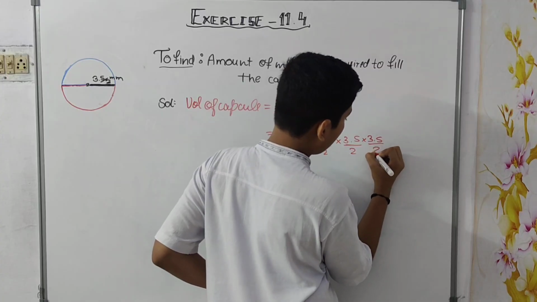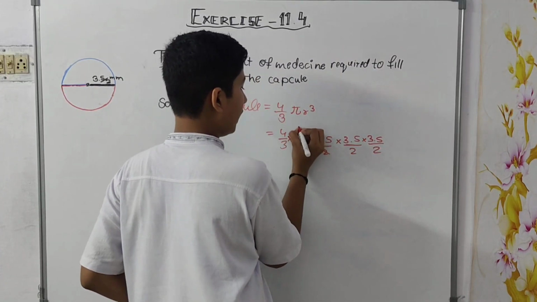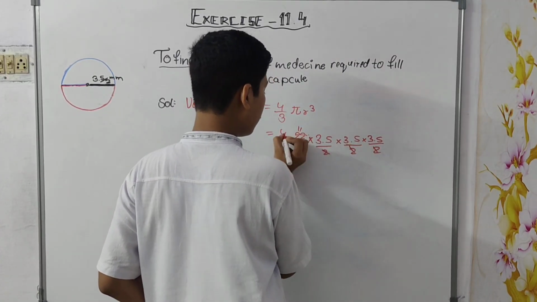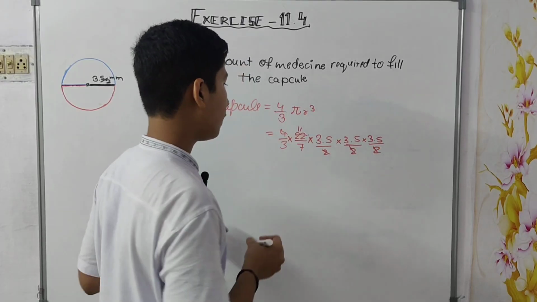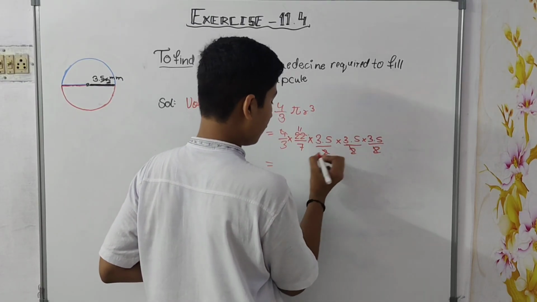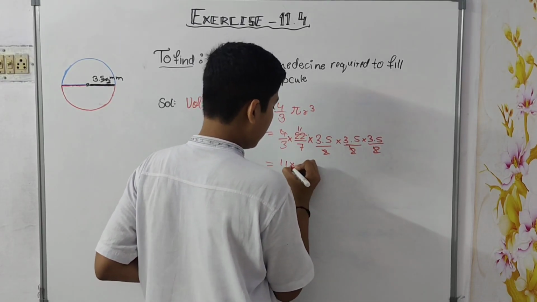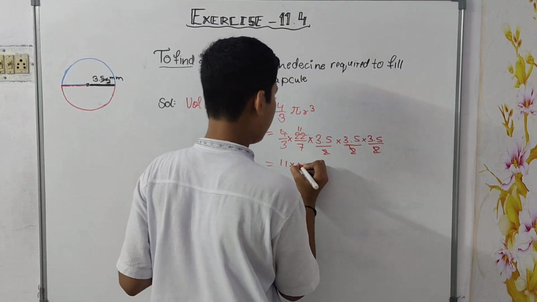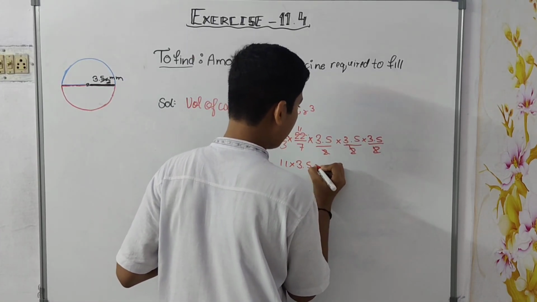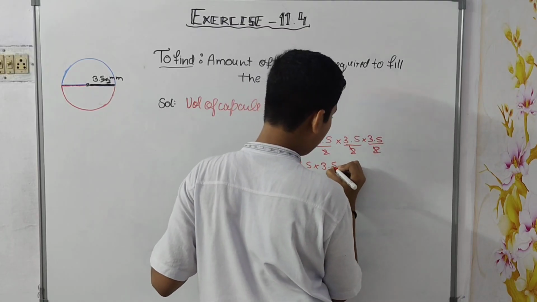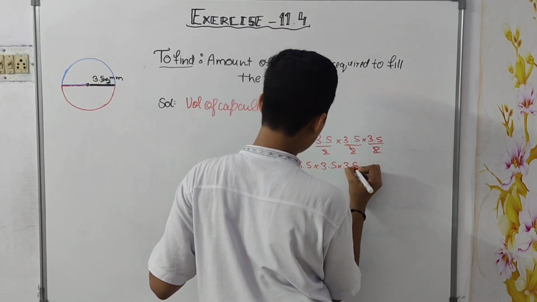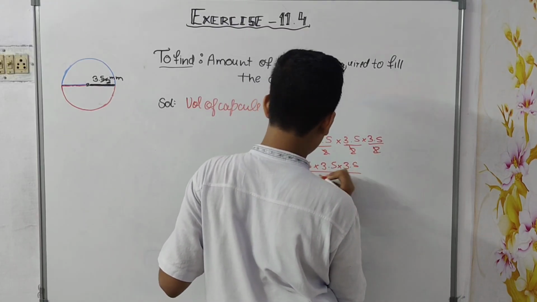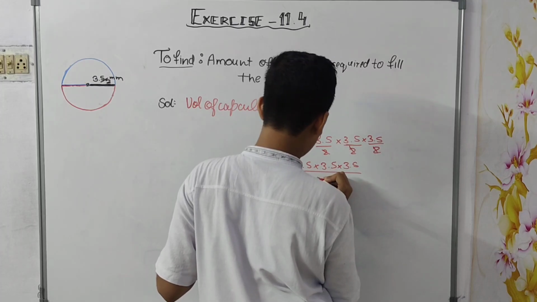Pi will be 22 by 7, so 4 by 3 into 22 by 7 into 3.5 by 2 whole cube. The 2s cancel, leaving us with 11 into 3.5 into 3.5 into 3.5 divided by 3.